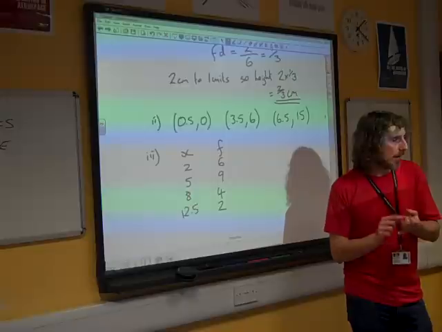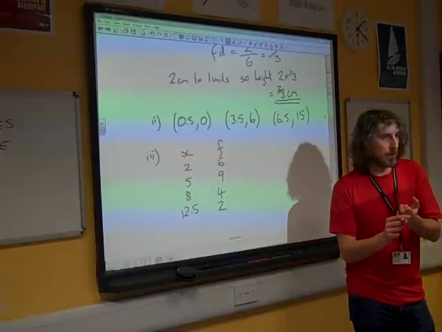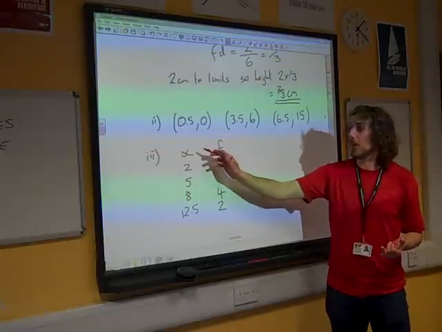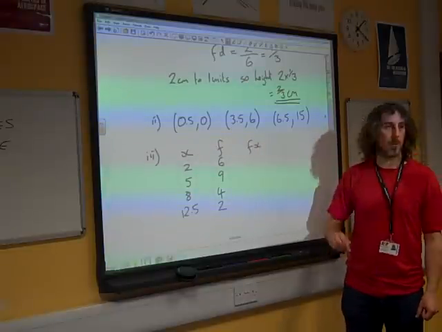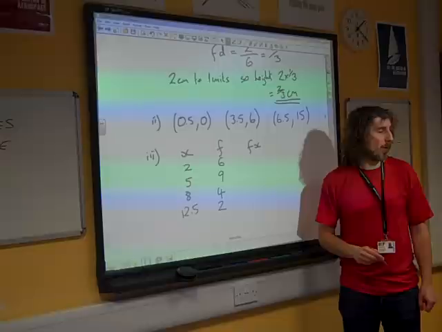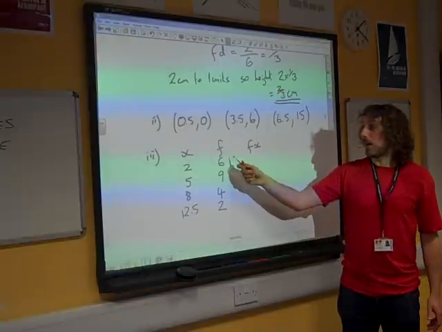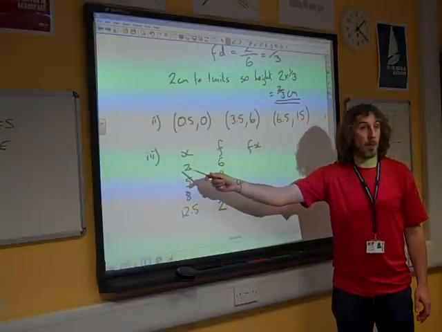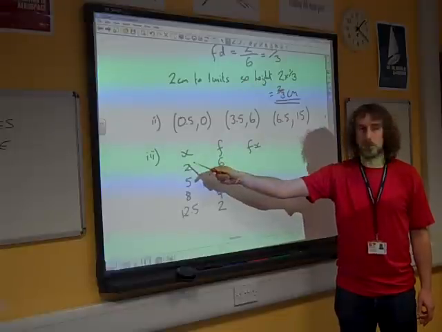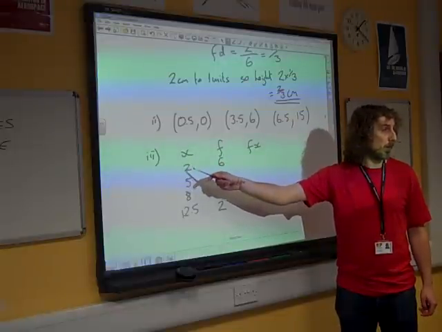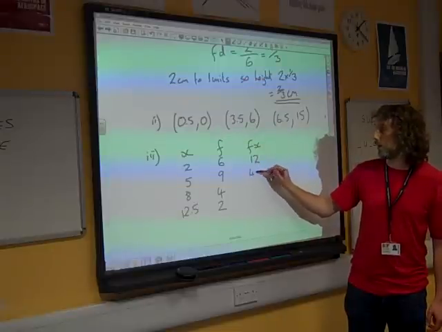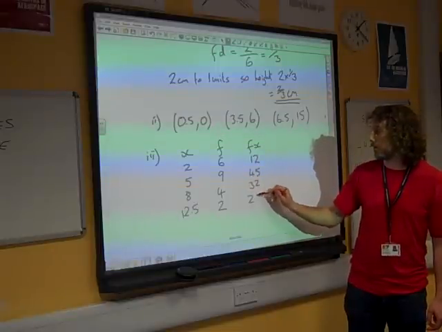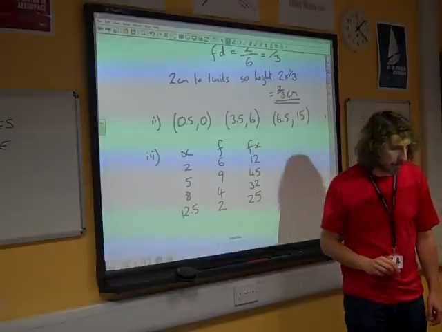We're needing the mean and the standard deviation. So we need x times f, or an fx column, for multiplying these together. What we're doing there is saying there were 6 in this first group, so we'll pretend that all 6 of them were of time 2. So that gives us 12, 45, 32 and 25.